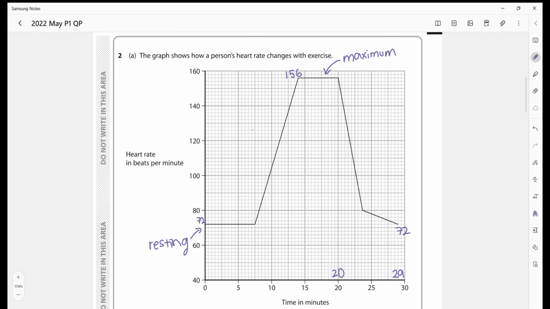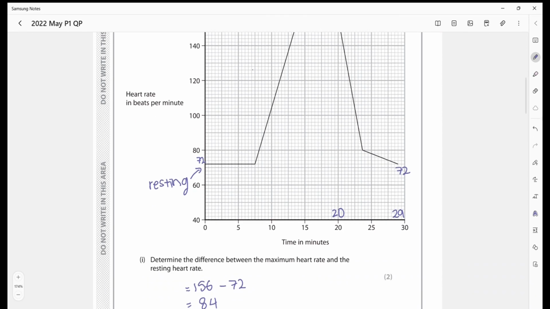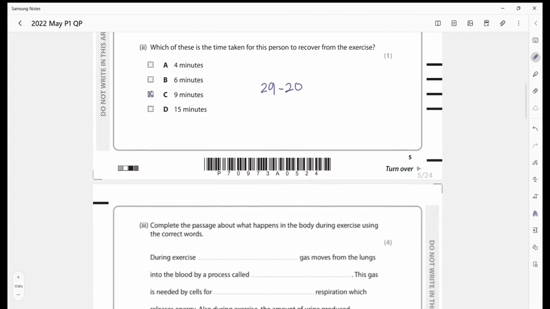Oh, is it 29? Yes, for the heart rate to go back down to its resting heart rate. And so 29 minus 20 is 9 minutes.